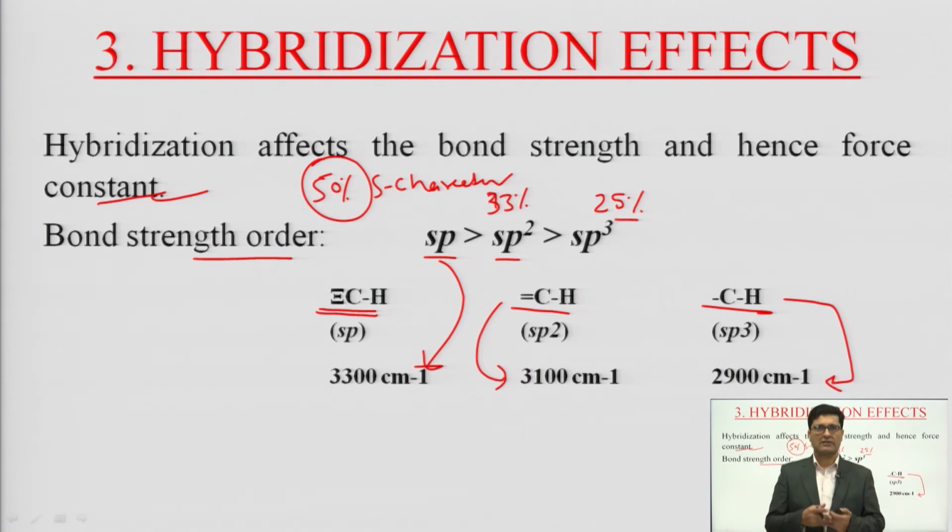So, as the percent S character increases, the force constant generally increases, and that tends to increase the vibrational frequency values. So, alkenes absorb at a higher vibrational frequency than alkanes.